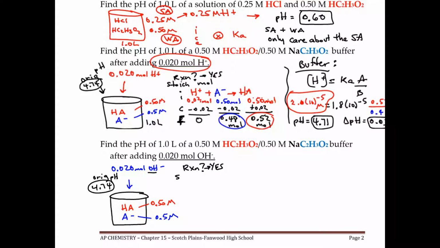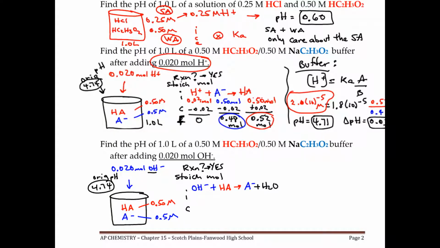So because that is the case, I need to do stoich in moles. Now I'm going to write my stoich in moles. The OH minus that I added is going to find the acid portion of the buffer, and then it's going to make A minus, and it's going to form water as well, but we're not really going to care about the water too much.